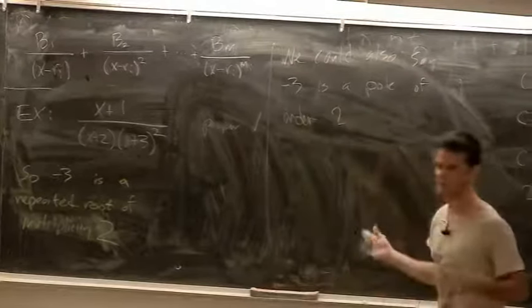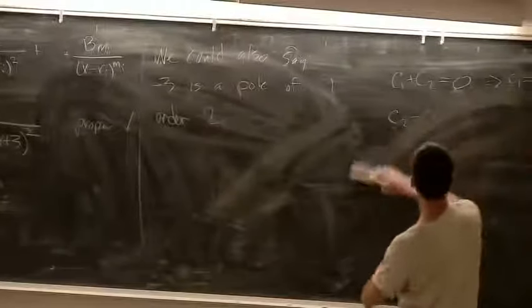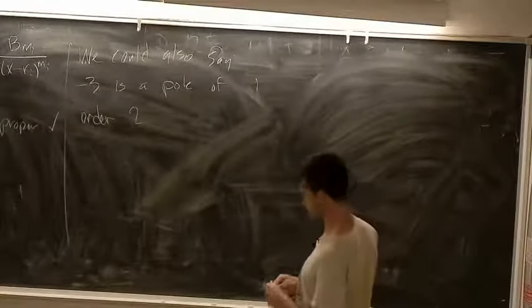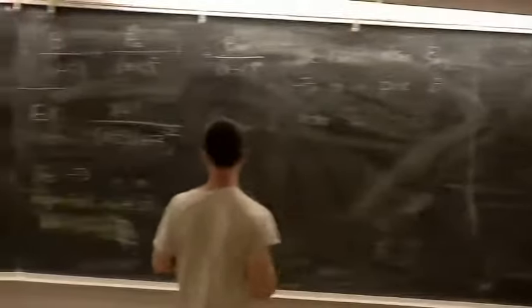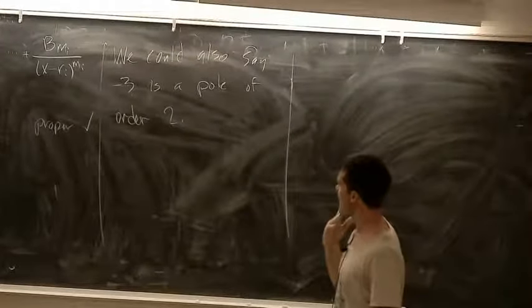I'm just saying this so you know the terminology. When people start talking about poles of a certain order, they're not talking about Poland or poles or something. They're talking about how many powers of that factor appear in the denominator of the fraction.